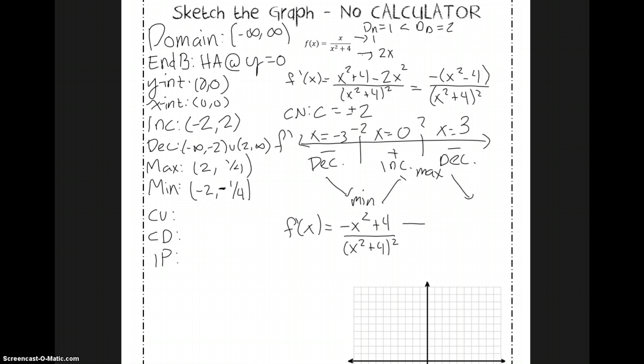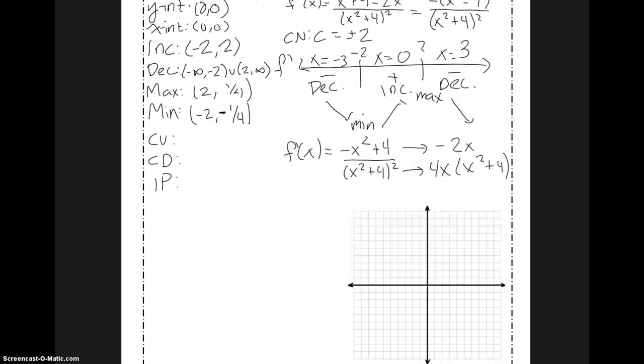So this is a quotient rule, so derivative of the top is negative 2x. Denominator, you use chain rule to get 4x times x squared plus 4. So we need to do quotient rule here.